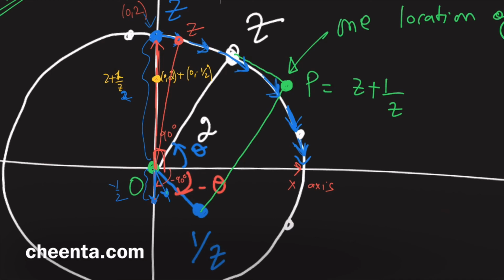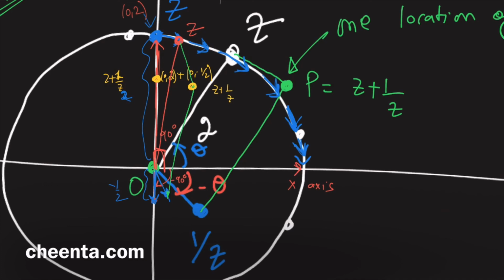And here we go, here is the point. So this is the second point of the z plus 1 by z locus.